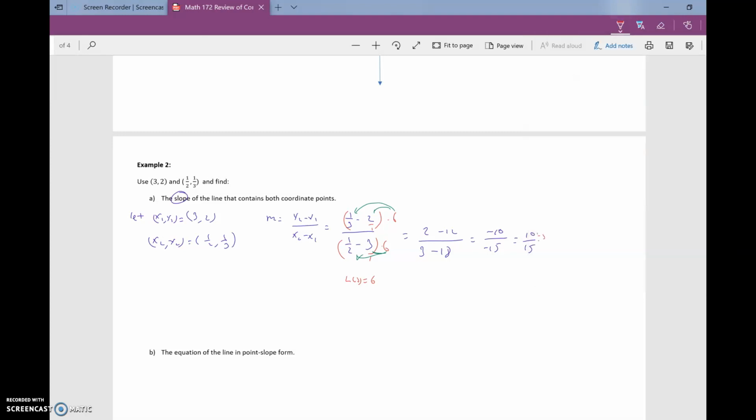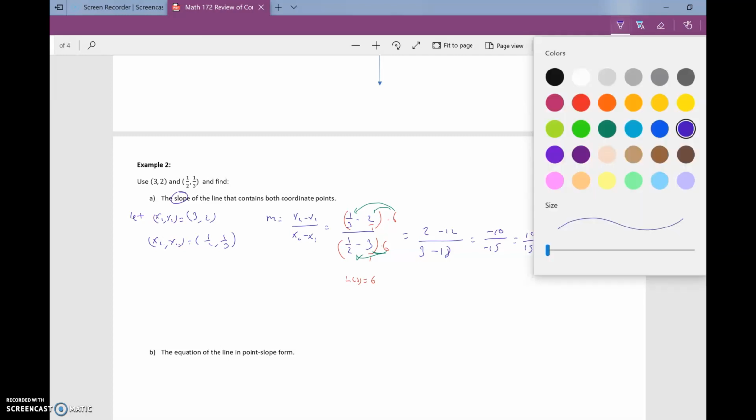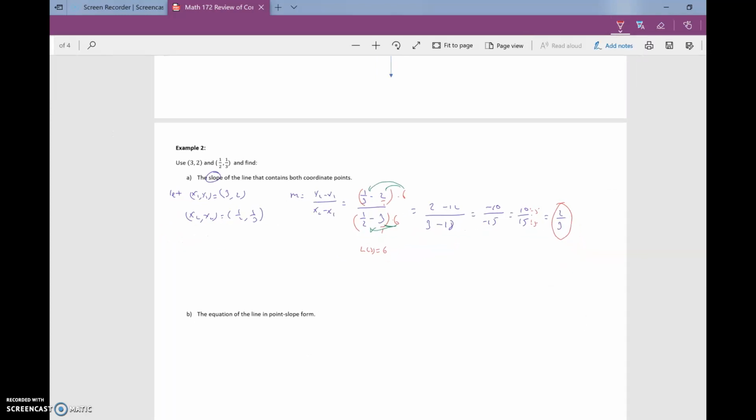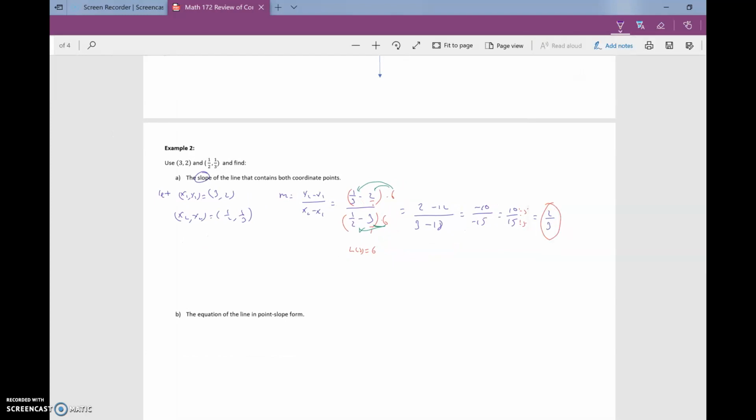So I'm just going to divide by 5, and we end up with 2/3. That would be the slope of the line that contains both of those coordinate points. Let me just rewrite it as m is equal to 2/3.